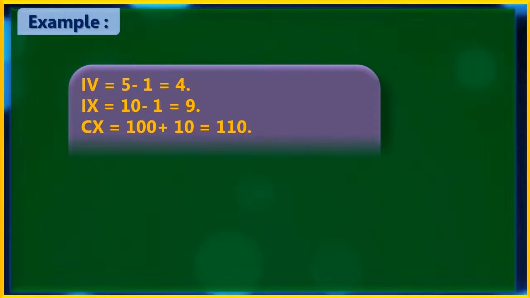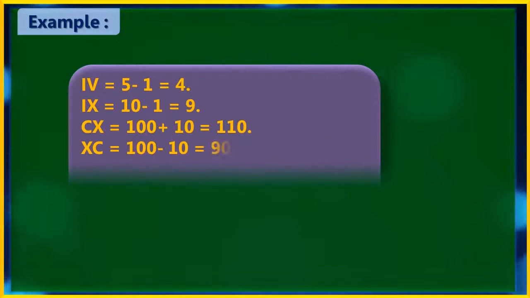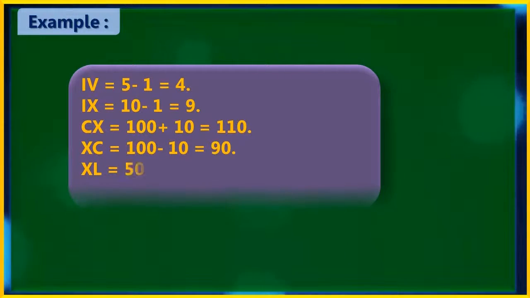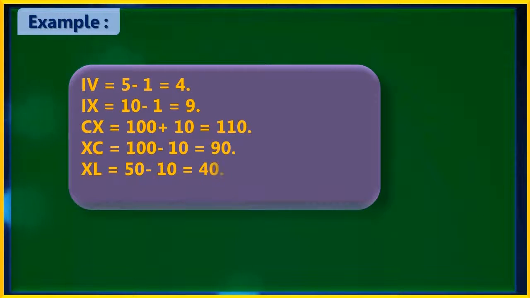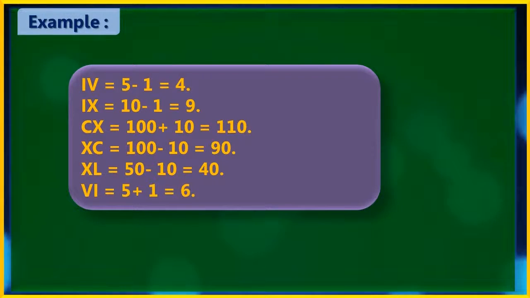The Roman numeral XC is equal to 100 minus 10, which is equal to 90. The Roman numeral XL is equal to 50 minus 10, which is equal to 40. The Roman numeral VI is equal to 5 plus 1, which is equal to 6.